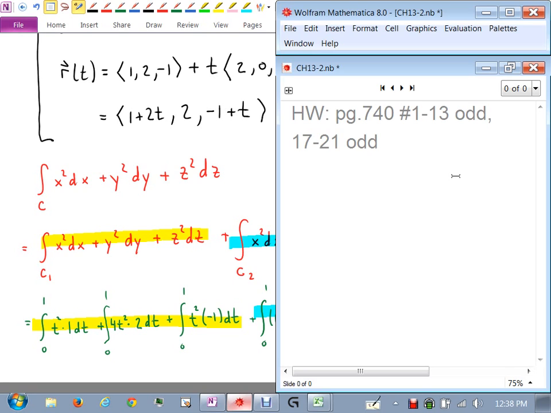You can do 1 through 13 odd. That's page 771. We have not really done the rest of those problems, 17 through 21. We haven't really done those yet, so you'd probably be hung up on that.